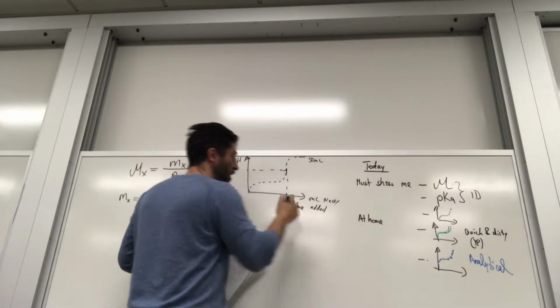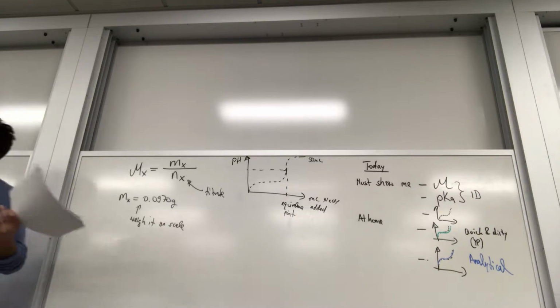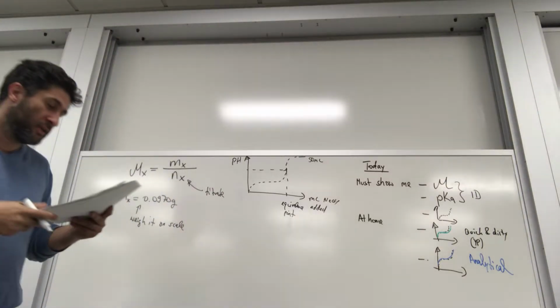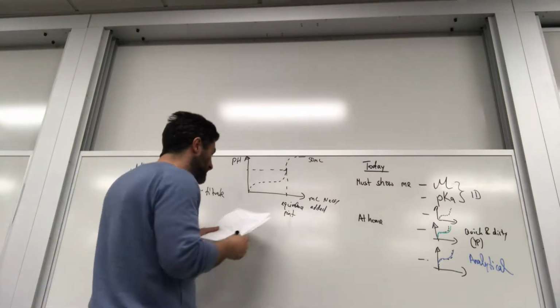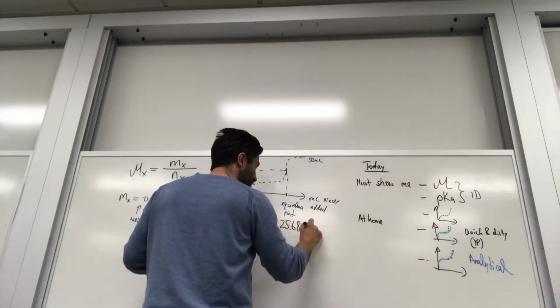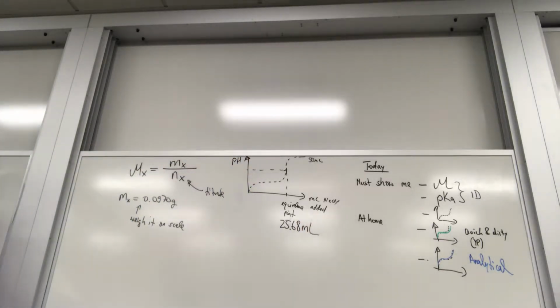What is the approximate volume for the equivalence point? Should be about 25, because we wanted it to be 25 mLs. So let's say I did an experiment and I have 25.68 milliliters for the equivalence point, okay?